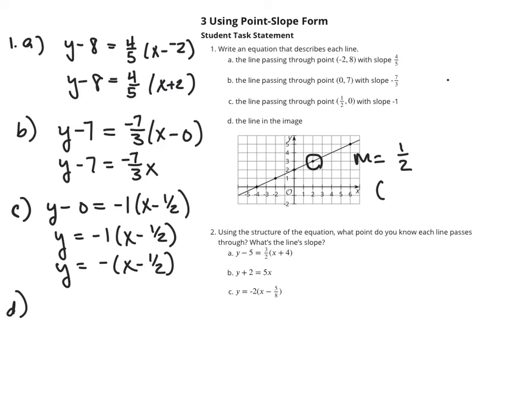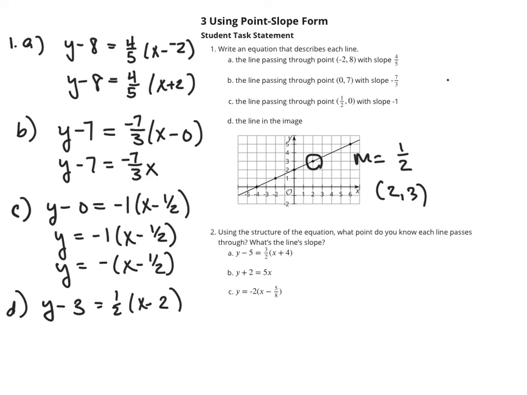So that point is 2, 3. So I can use y minus 3 equals 1/2 x minus 2. Or equivalent, I can use any one of those points at all, and I would get the right answer.